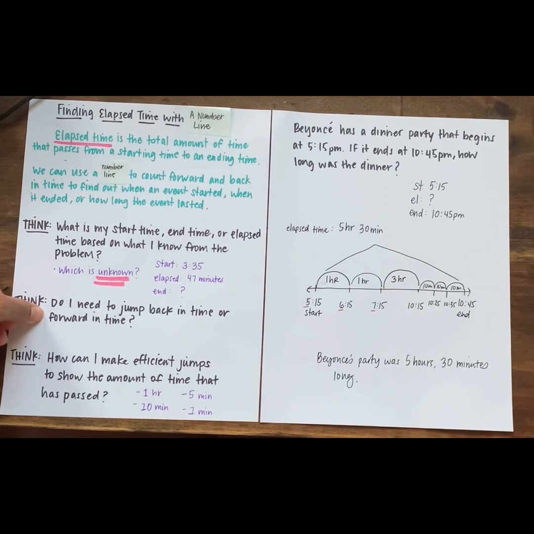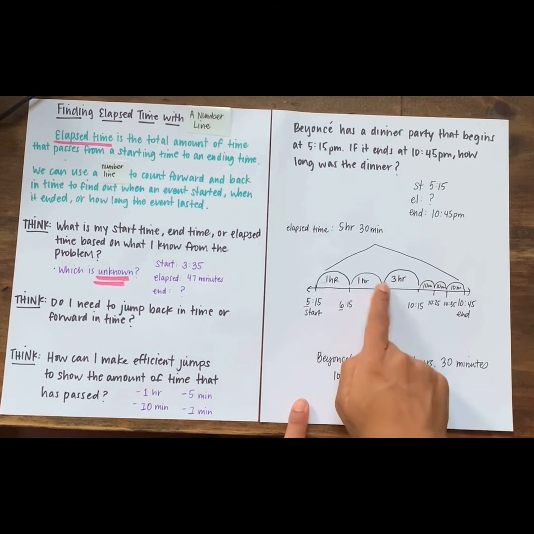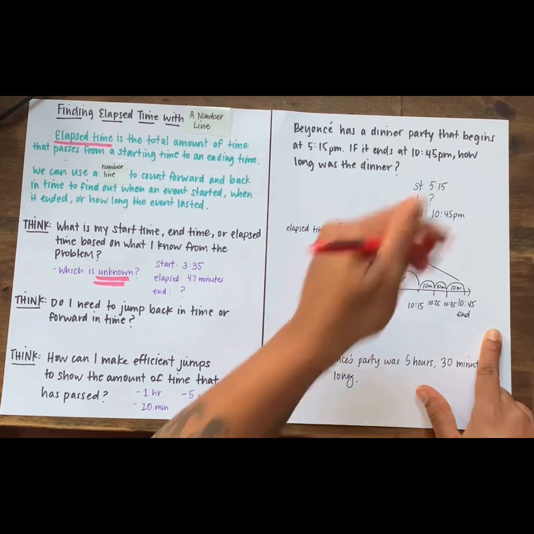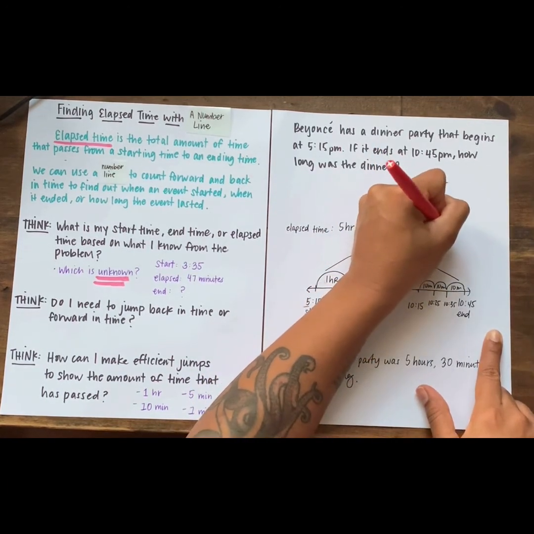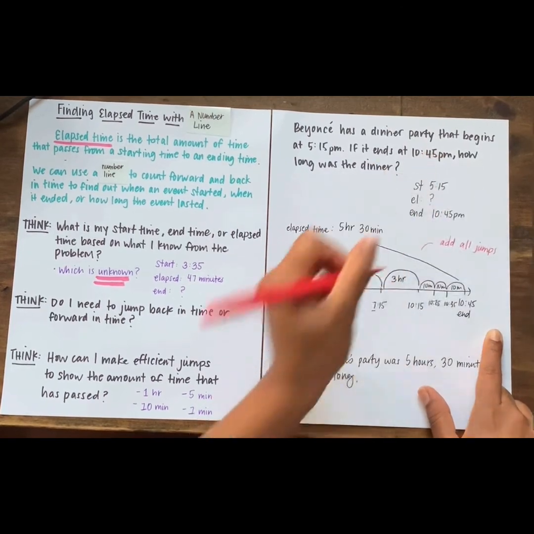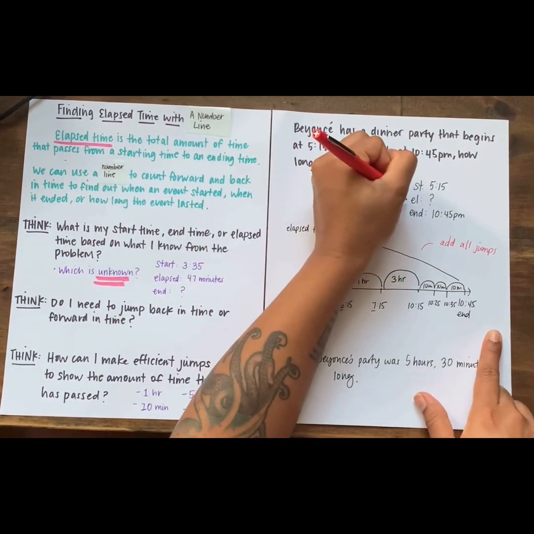Deciding, do we need to jump back in time or forward in time? And then thinking, how can we make efficient jumps to show the amount of time that has passed? Today, the big difference you need to remember is that after we've made efficient jumps from start to end time, we can add all our jumps if we are solving for an unknown elapsed time.